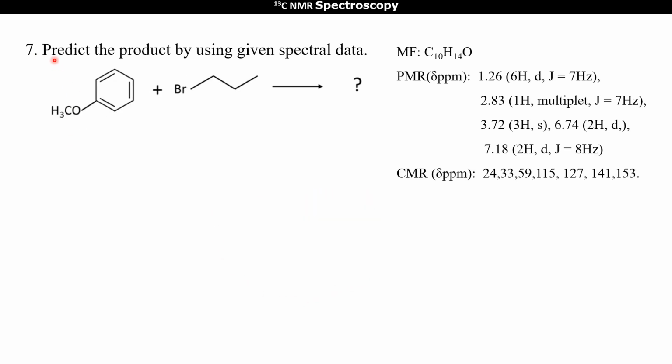Question number 7. Predict the product by using the given spectral data. This is the reaction and the spectral data of the product is given.